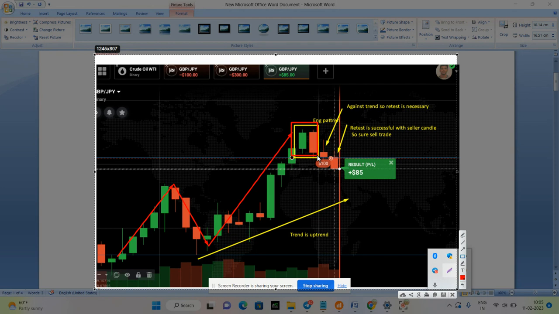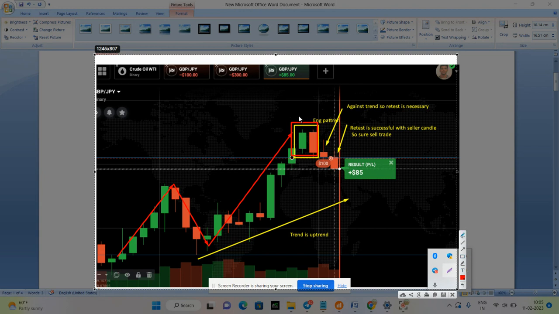Now, as it is evident, all of us know that the engulfing pattern is a reversal pattern, so it is expected that the second candle will be a seller's candle. But it is uptrend and the engulfing pattern is against the trend.